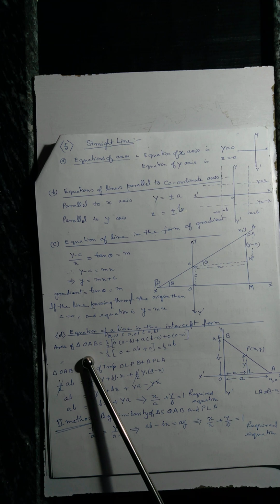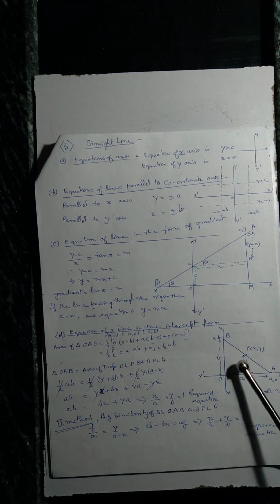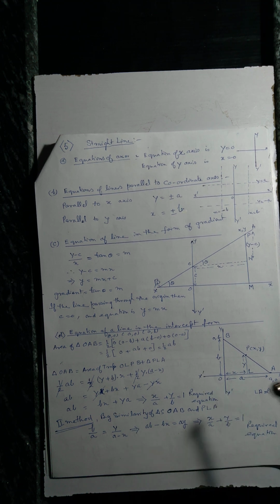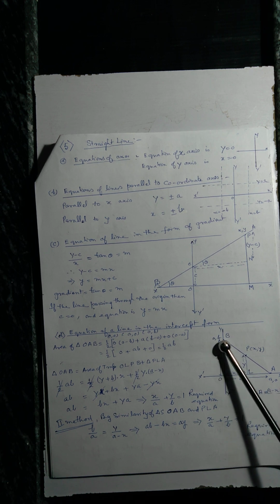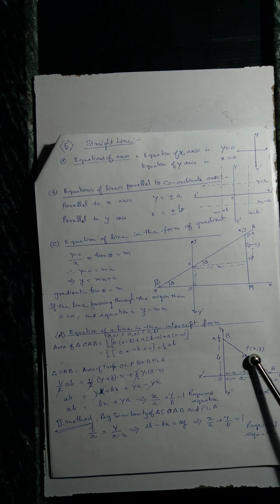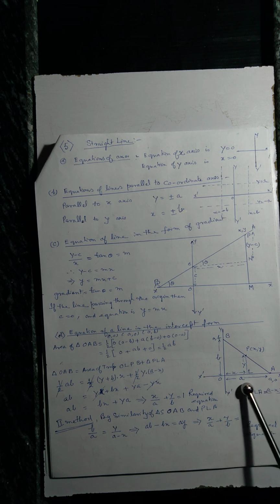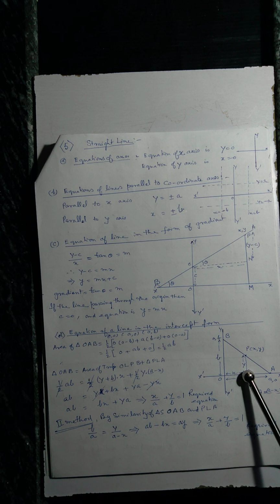You see, there is a line AB which cuts an intercept on x-axis, that is A, and the intercept on y-axis is B. So the coordinate of the point A is (a, 0), coordinate of the point B is (0, b). We have taken a point P (x, y) and now drop a perpendicular to x-axis. So OL is equal to x and PL is equal to y.